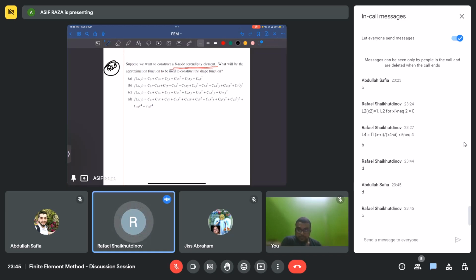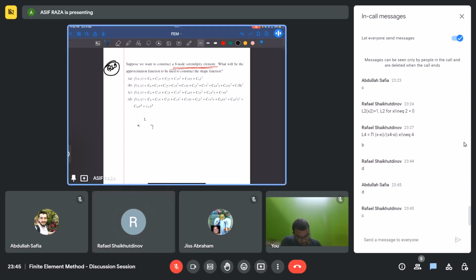An 8-node serendipity element consists of 8 constants. 1, x, y, x square, xy, y square, x cube, x square y, x y square, y cube.